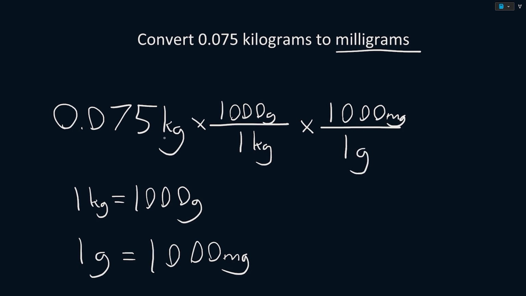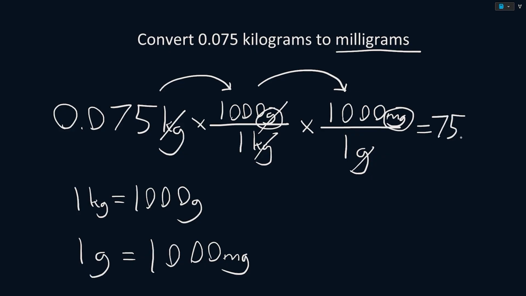Multiplying through this equation, we see that the kilograms cancel and leave us with grams, then the grams cancel and leave us with milligrams. So solving this, we multiply 0.075 kilograms by 1,000 to get grams, and then by another 1,000 to get milligrams. This equals 75,000 milligrams.